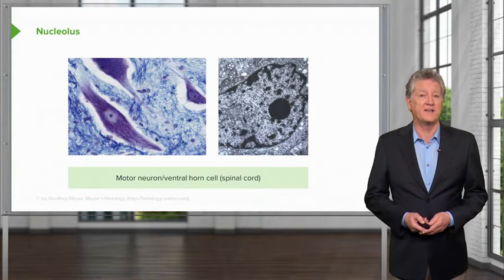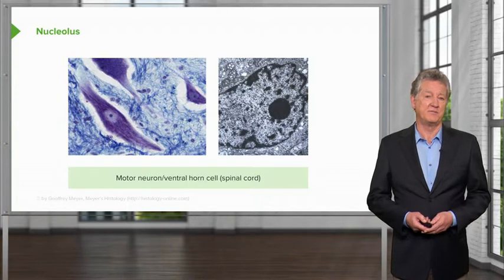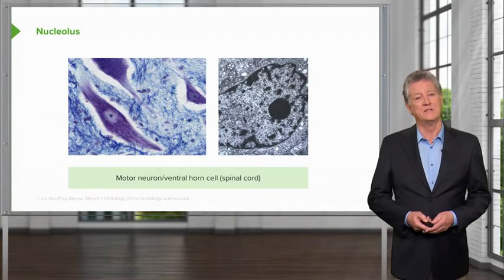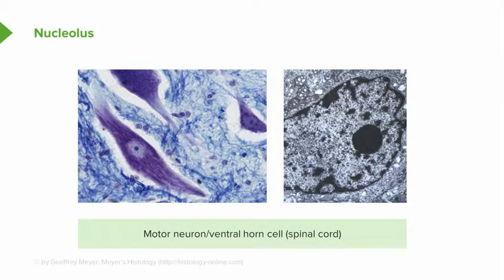Again, on the left-hand side, you can see a large motor neuron with very purple stained cytoplasm, and a very pale stained nucleus and a dark stained circular structure, the nucleolus. And on the right-hand side, you can see an electron micrograph image of the nucleus. It's a little bit distorted in shape, but it shows you the very dark stained nucleolus sitting in the nucleus.